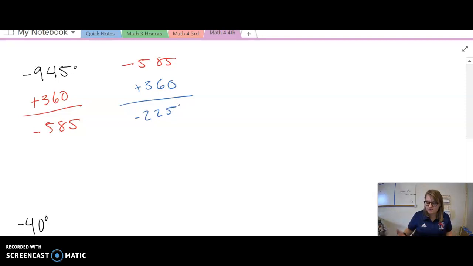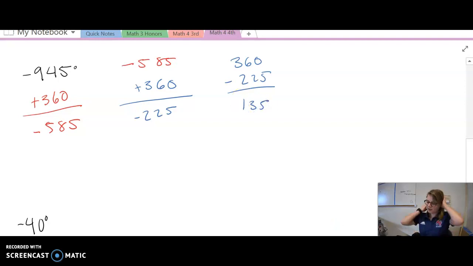So now I have negative 225, and that's less than 360, just the general number, not the fact that it's negative. So now what I'm going to do is find the distance between 225 and 360 because I can find the positive angle. So I'll do 360 minus 225, and that's going to be 135.